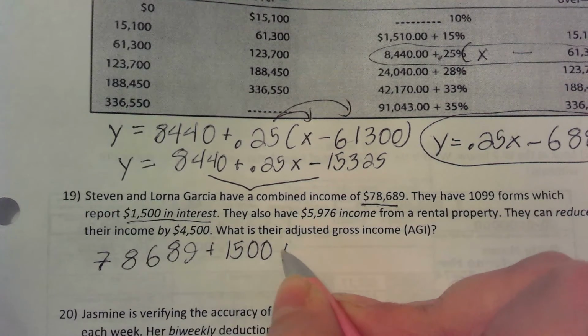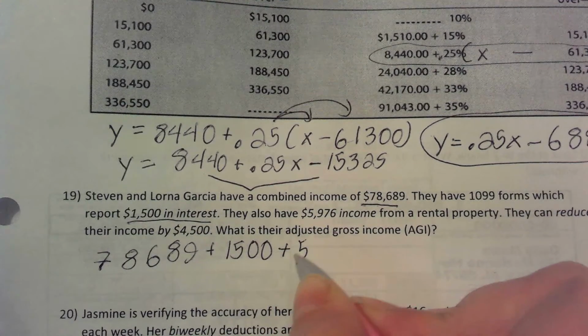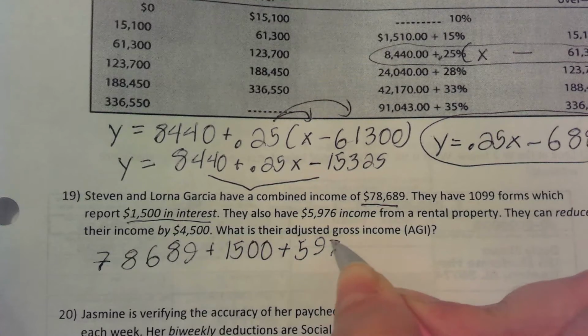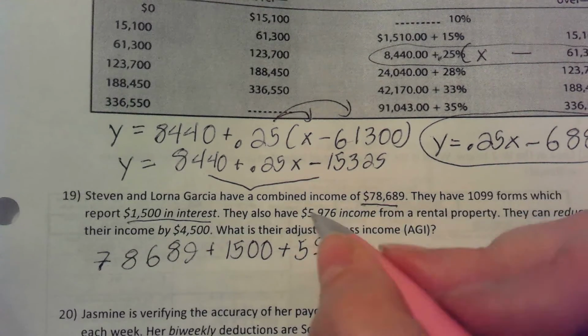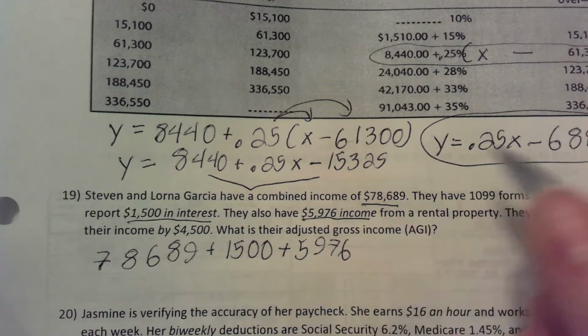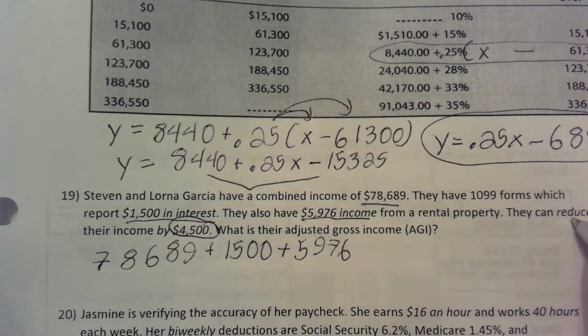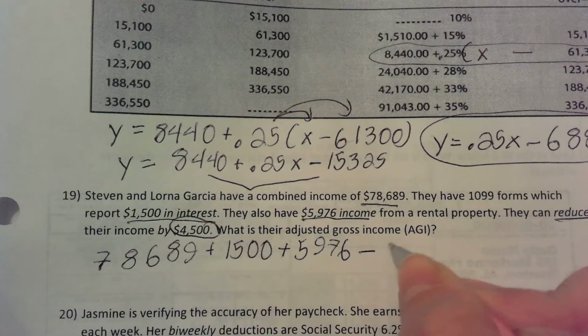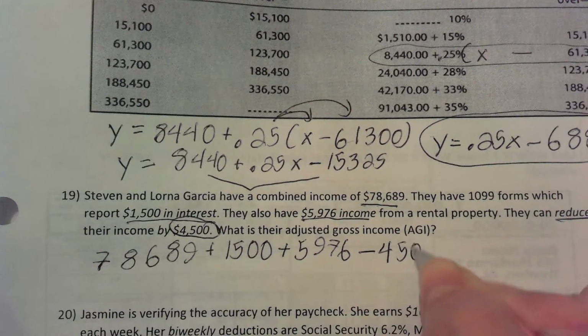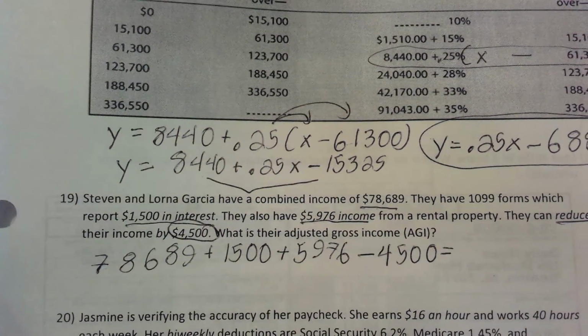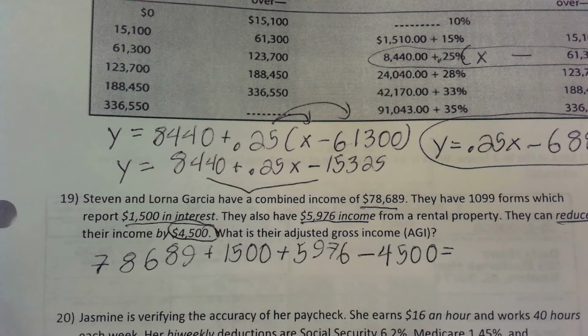They have income from rental properties, so we also have to add that in. And then it says they can reduce their income by 4,500. So what is their adjusted gross income?